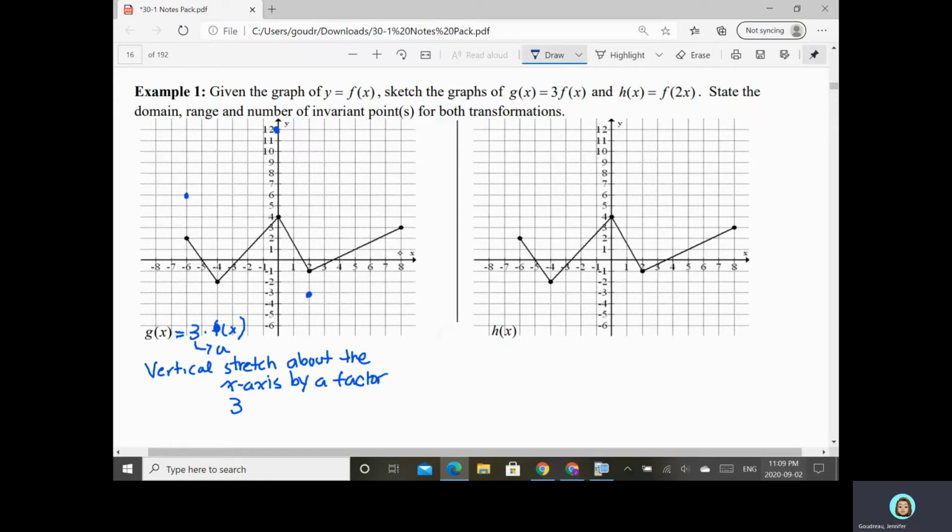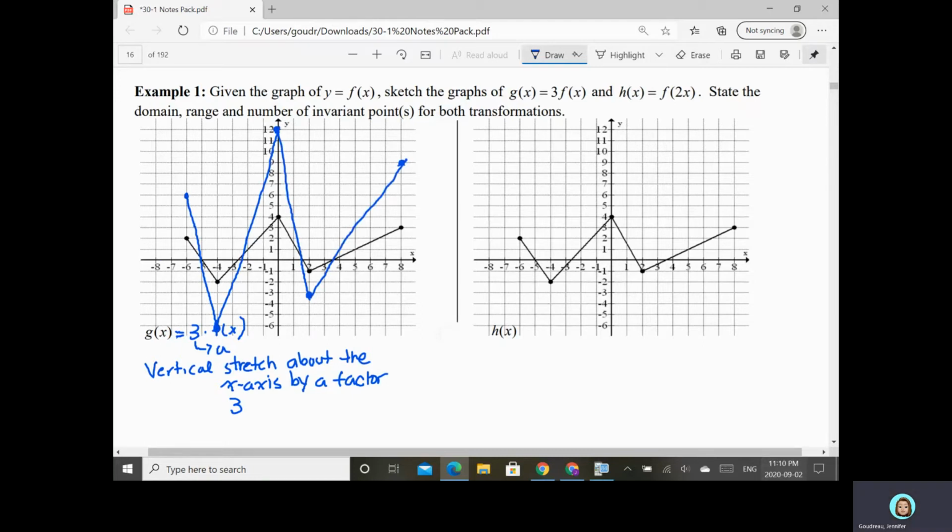This one, which is 3 units above, 3 times 3 is 9, so 9 units above. We can connect those dots. And there is our resulting graph.